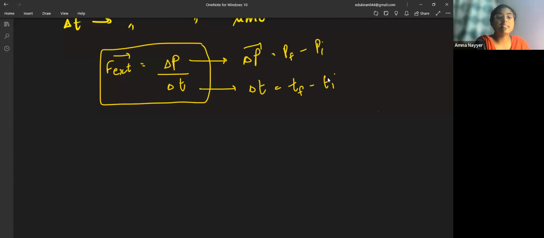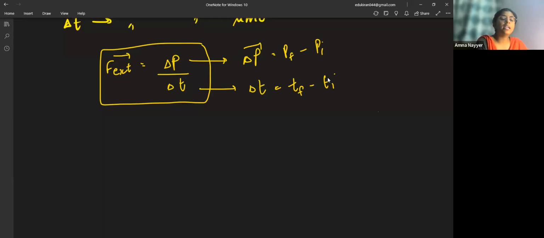Remember, in distance and displacement, we had seen the concept. Sometimes you have to calculate the average velocity, sometimes the instantaneous velocity, sometimes the average acceleration, sometimes the instantaneous acceleration. There was a technique to differentiate between the two.